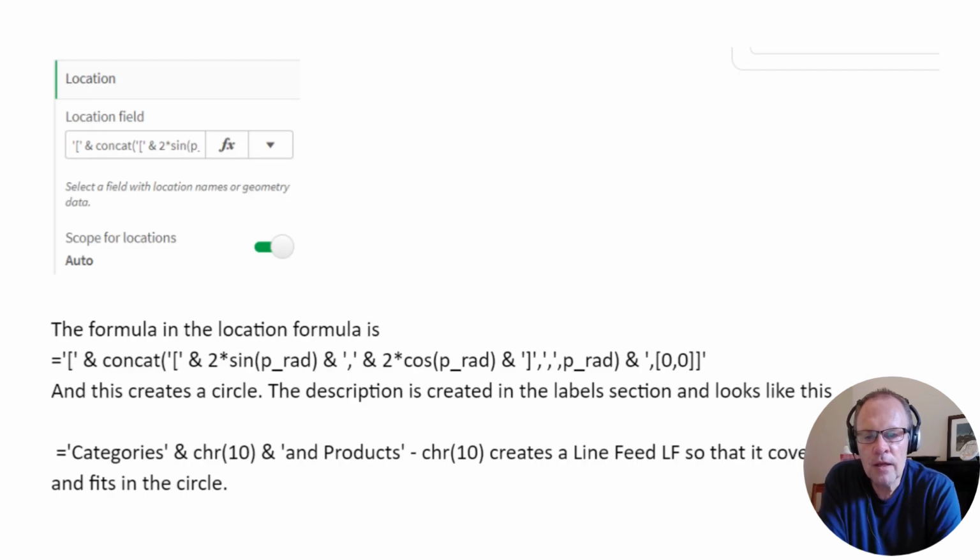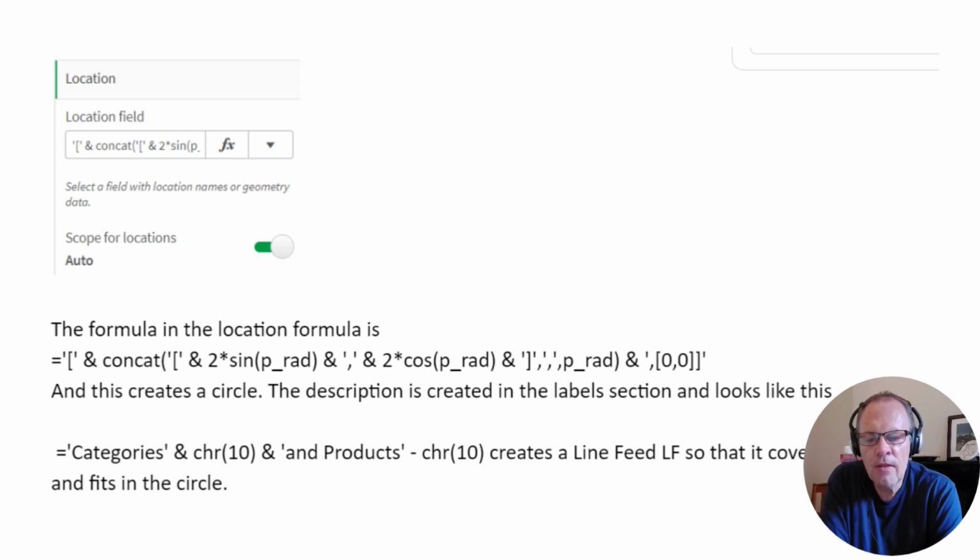A couple of other things. We need to figure out the location, and we use the location formula here. And essentially what this does is concatenate together a series of values. So we'll have a look at that on a subsequent page.